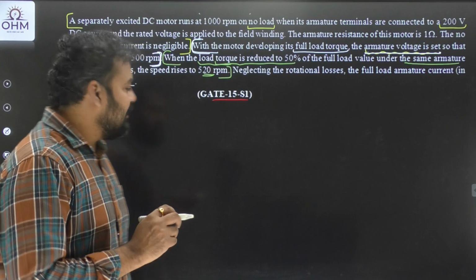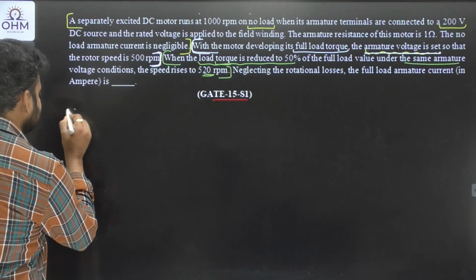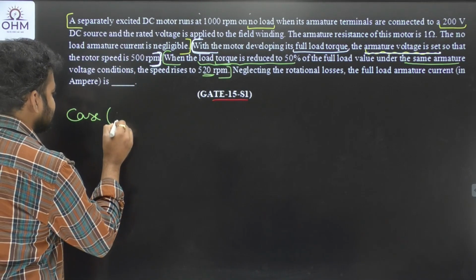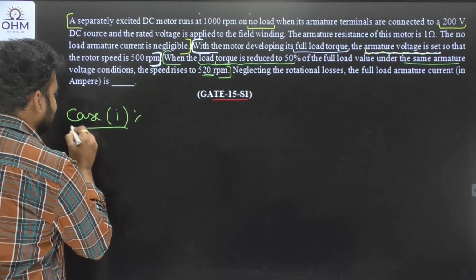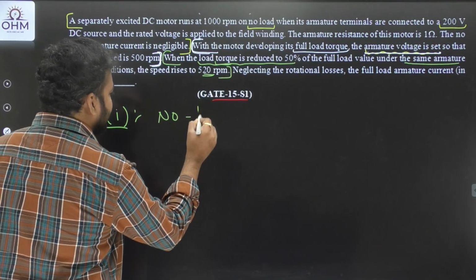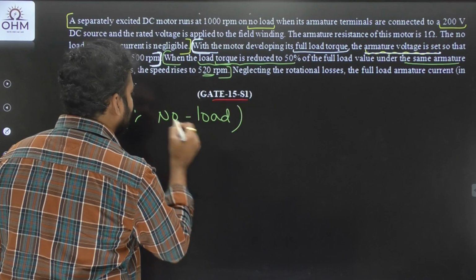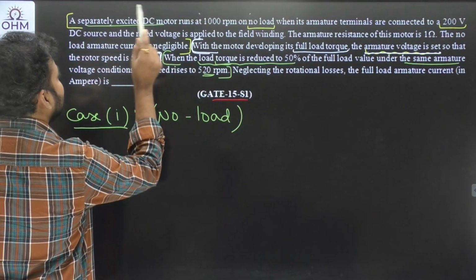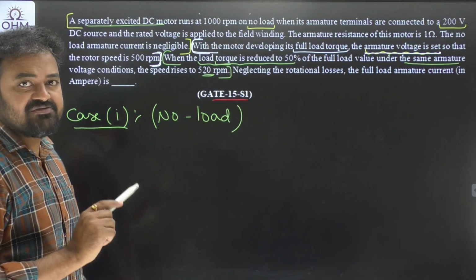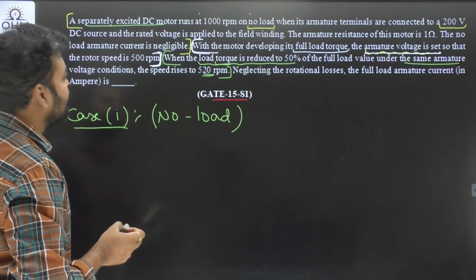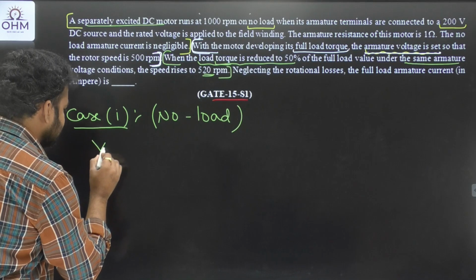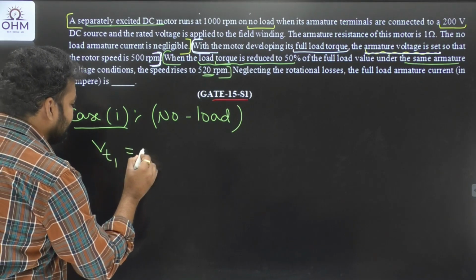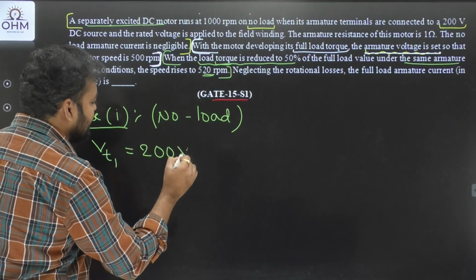So, first what I will do is take case number 1, that is the no load condition, which is nothing but the no load data. It's a 2 marks question and an important model as well. The most important observation is that the machine is separately excited, therefore the field flux will be a constant value. So, what is the supply voltage in the first case? I will write it as VT1, which is equal to 200 volt, clearly mentioned.